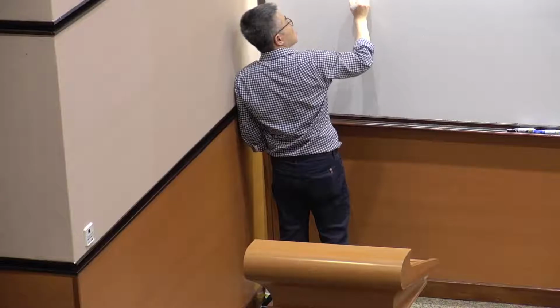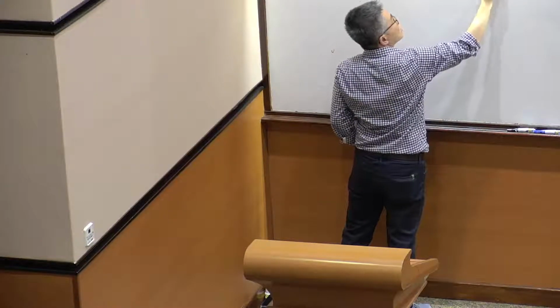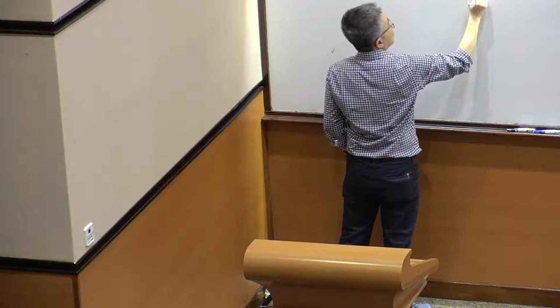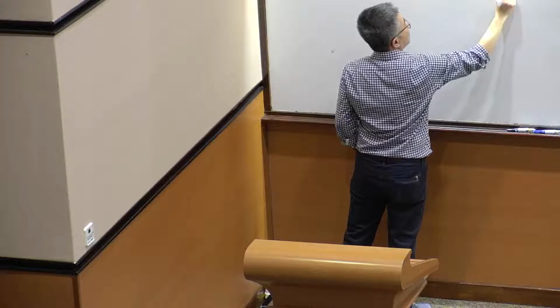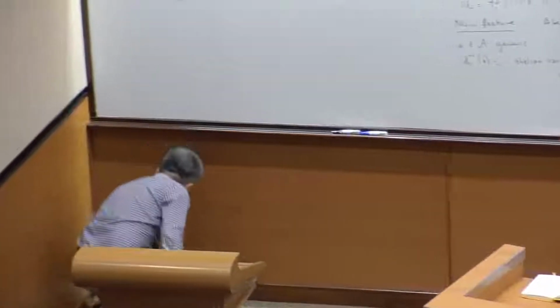And here you have the action of Gm, acting by homothety on g, and here the Gm action acts by the exponents. That means t acts on (a1, ..., an) by (t^d1 a1, ..., t^dn an), right? So that makes this map compatible. So with this, we have a transparent construction of this Hitchin map.